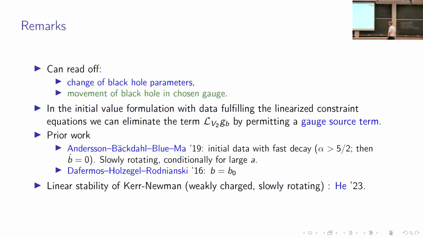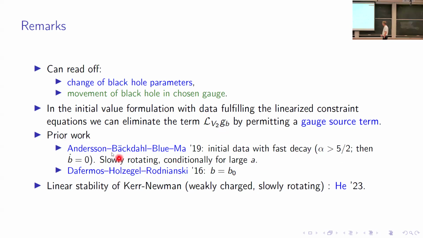Okay, so there's prior work on that. I cited what is closest to us, perhaps. The first work was, I think, by Dafermos, Holzegel, Rodnianski and Giorgi, who did this for the Schwarzschild case. And then there's work by Andersson, Bäckdahl, Blue, and Ma, in 19, so there's faster decay on the initial data. This kicks out the linearized Kerr, as far as I understand.